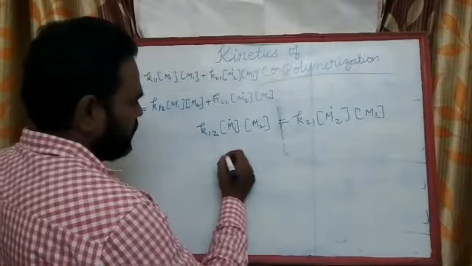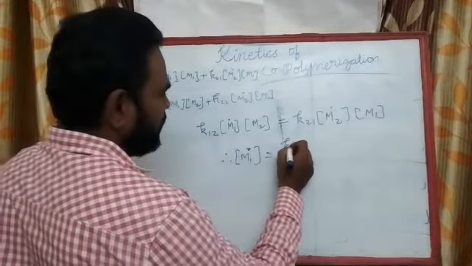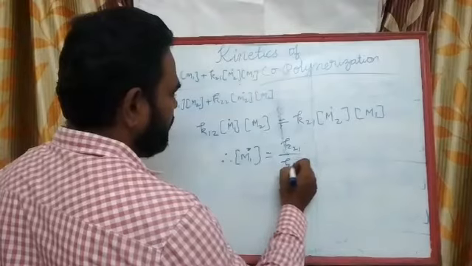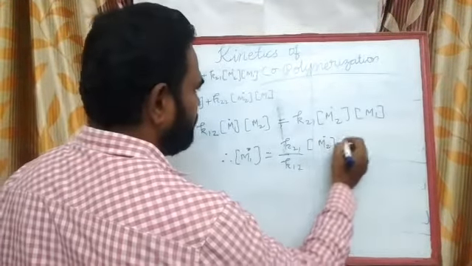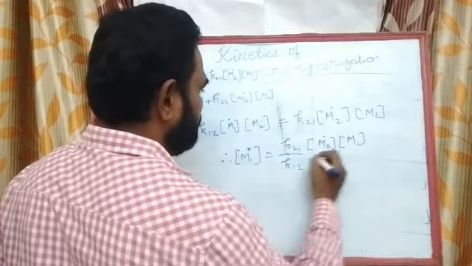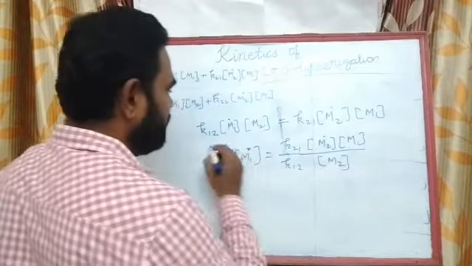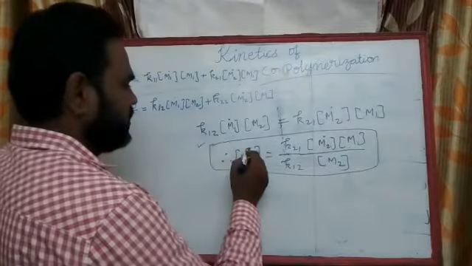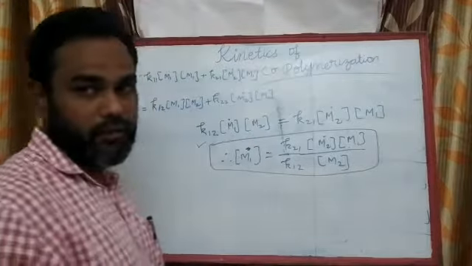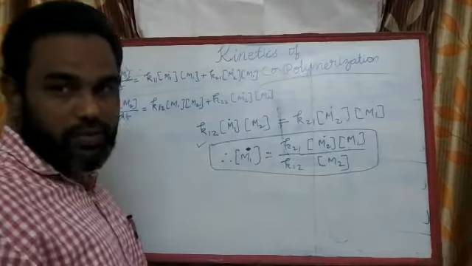Therefore M1 dot is equal to K21 by K12, concentration of M2 dot M1 all divided by concentration of M2. So this is an equation I have, and I am going to substitute like this in the future.